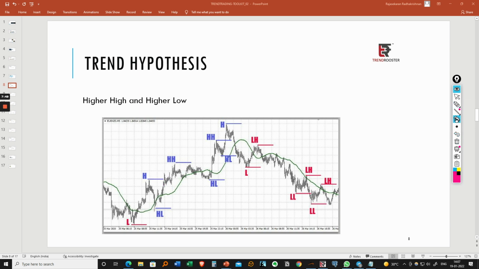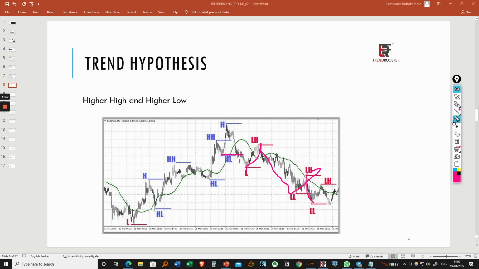So in this method, we have looked at the chart and how we are going to mark the higher highs and higher lows. Okay, same thing for the lower side, the opposite side, making a lower low and breaking the higher low, and then making a lower high and a lower low, lower high and lower low.